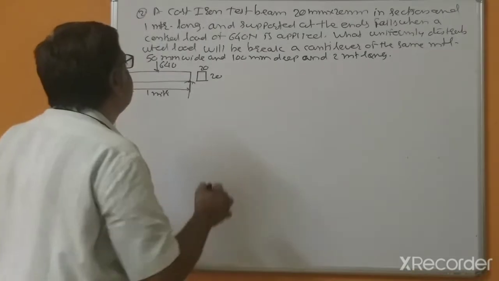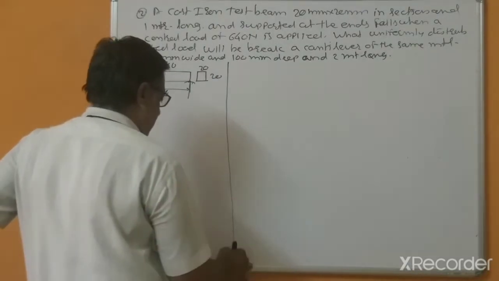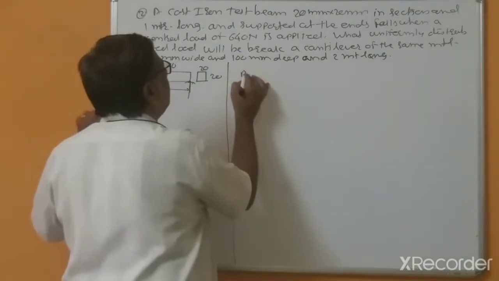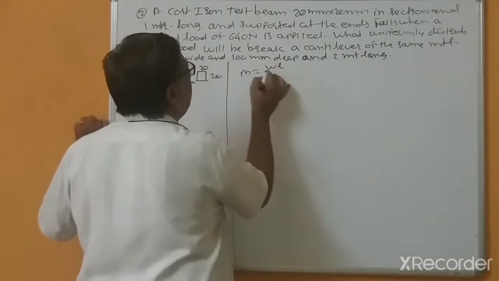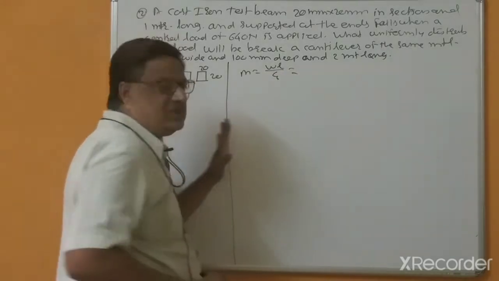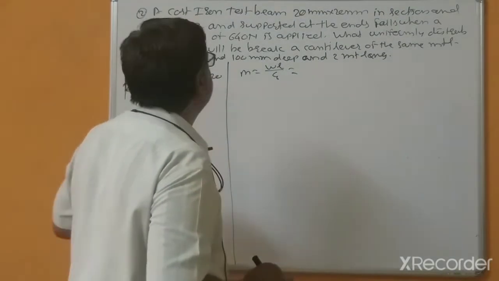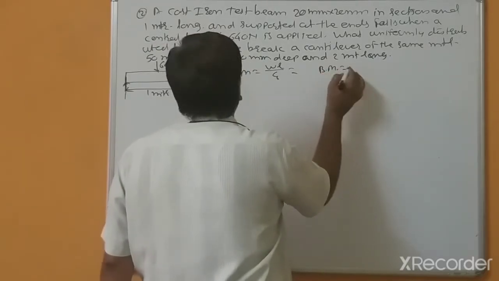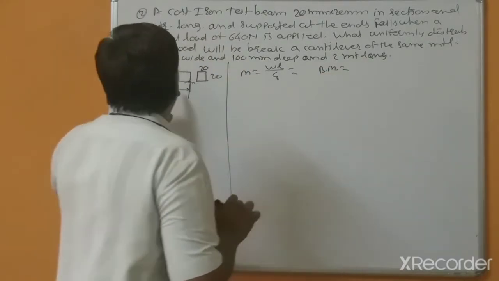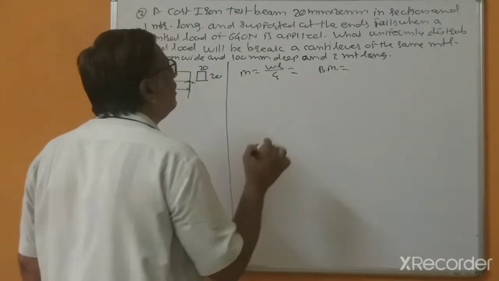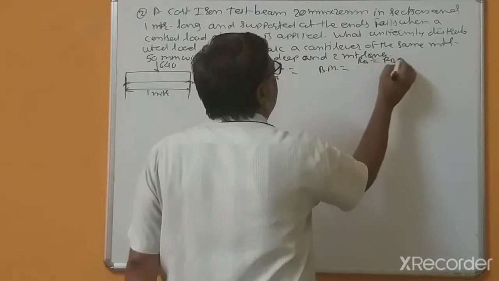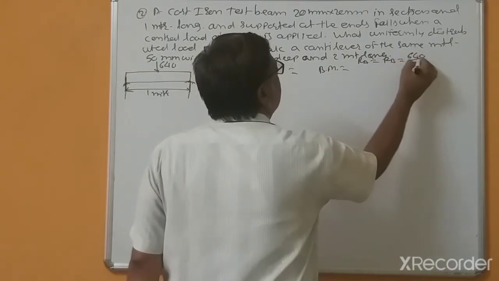So in this case, the actual formula is moment equal to WL by 4. So this is the short form. Why is this? Because maximum bending moment equal to, here RA equal to RB equal to 640 divided by 2.